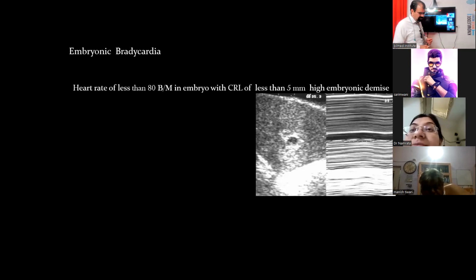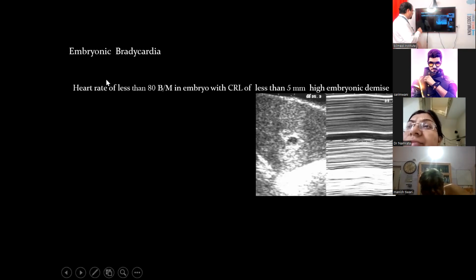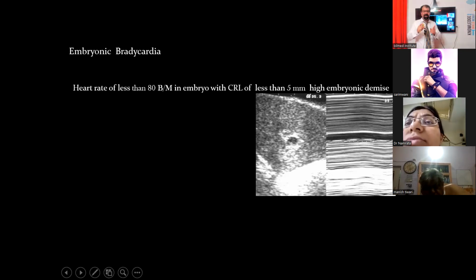I am not very worried about fetal tachycardia, but I am more worried about fetal bradycardia. Now let us see what fetal bradycardia means. Please note this: a fetal heart rate of less than 80 beats per minute in an embryo with a CRL of less than 5 millimeters has a high risk of embryonic demise.